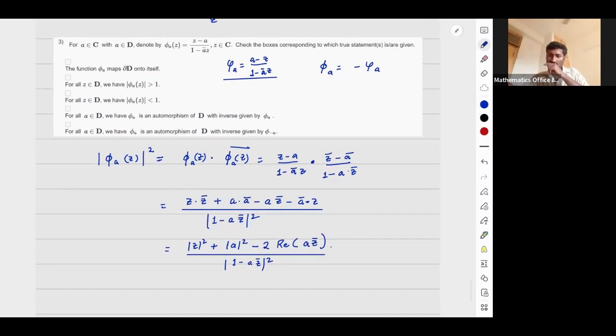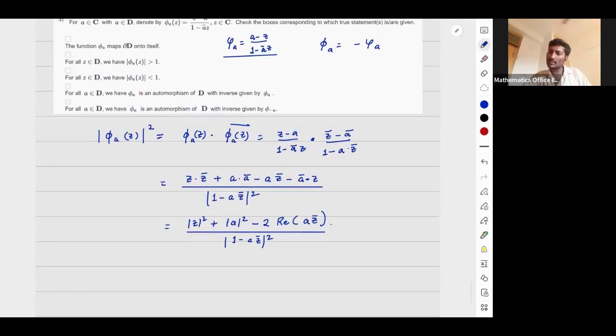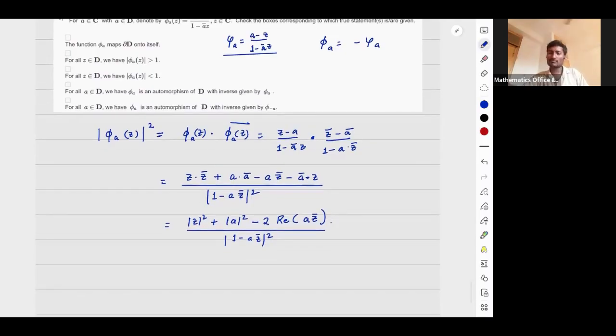So when z bar is equal to, so modulus of z is 1, what happens? Sorry.